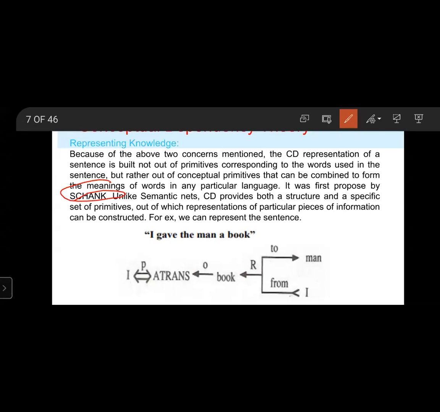Here: I, book, man, I. P is the present tense, A trans is the act, with object, and to and from. I gave the man a book.